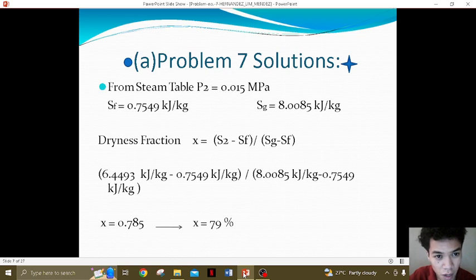From the steam table, pressure 2 is equal to 0.015 megapascal. Then your SF there is 0.7549 kilojoule per kilogram, SG of 8.0085 kilojoule per kilogram. Then the dryness fraction X is equal to S2 minus SF, over SG minus SF.